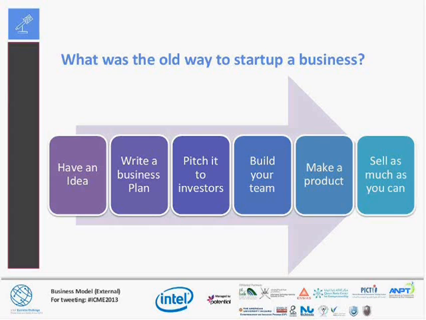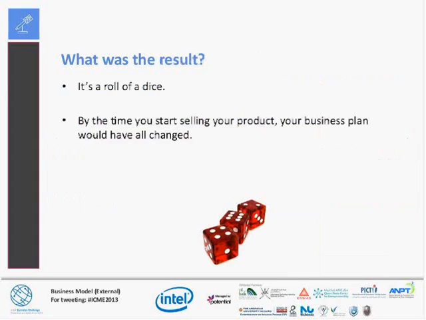By the time you start selling the product, the business plan would have changed, because you haven't tested the market. It's still all on paper. You don't know what the impact will be in the market.